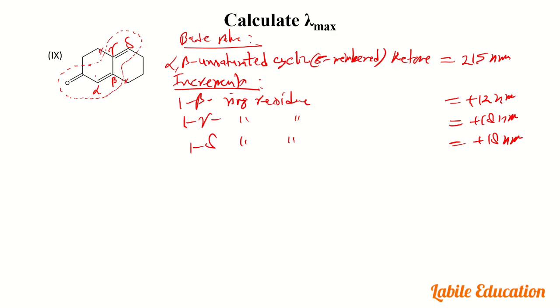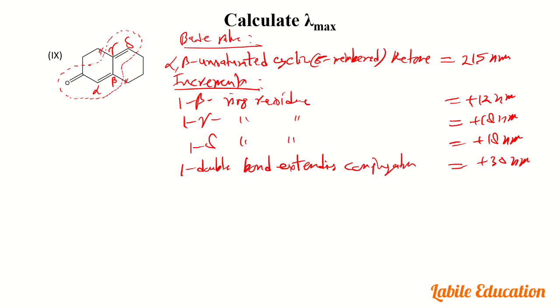And I think this is all, but there is one extra double bond, this is gamma delta. So this is one double bond extending conjugation, that will contribute 30 nanometer. This second double bond is not homoannular to the first double bond, this is heteroannular, so this will not contribute further.